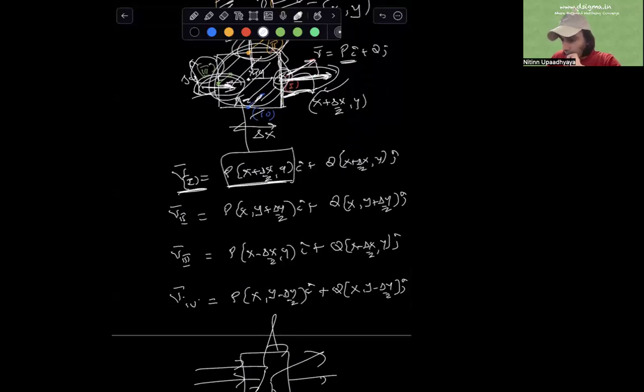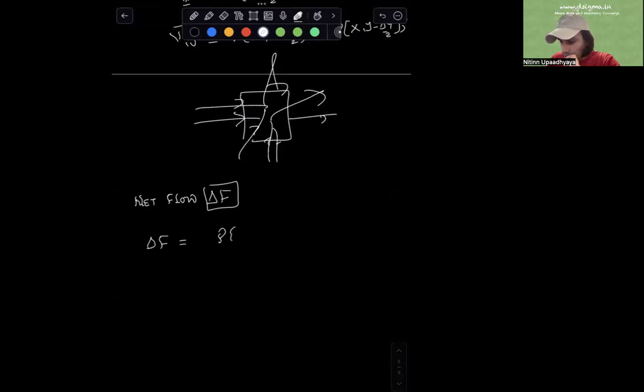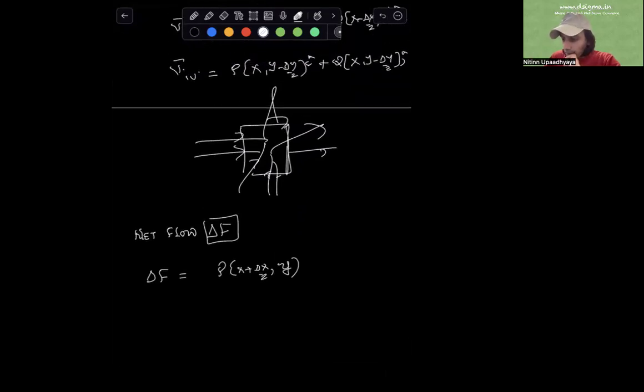The normal is along the i direction. If I were to dot the vector field with the unit vector along the i direction, I'd just be left with x plus del x by 2 comma y. So that's one component, x plus del x by 2 comma y, right? Now, along this segment, we made one representative arrow at the midpoint of the segment.